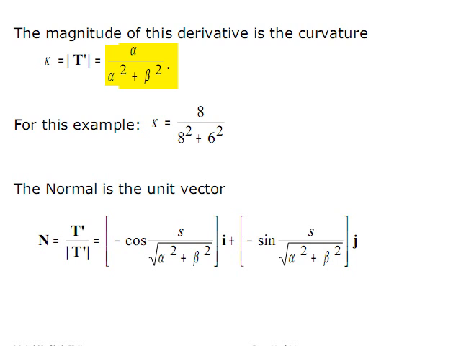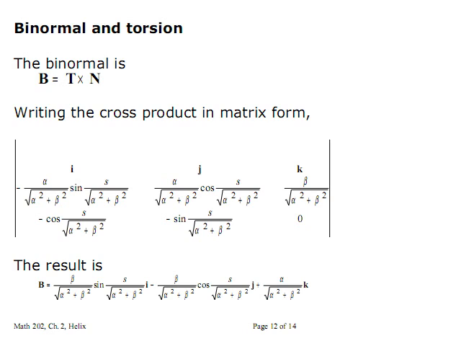The normal vector is that unit vector created from the first derivative of the tangent. And again, just notice the signs. Other than that, it's pretty straightforward. So now we're looking for the torsion. For the torsion, first we create the binormal vector, which is a cross product of the tangent and the normal.